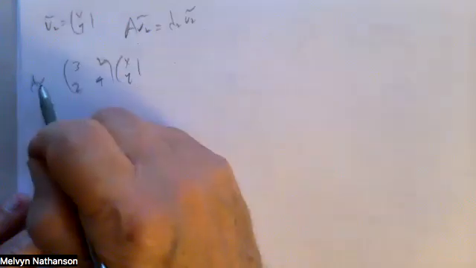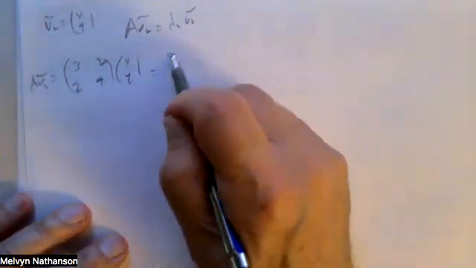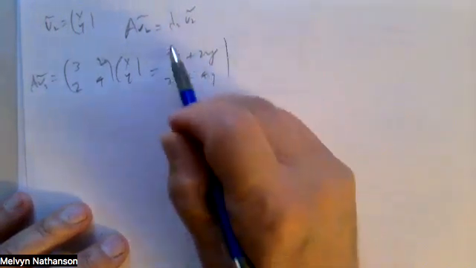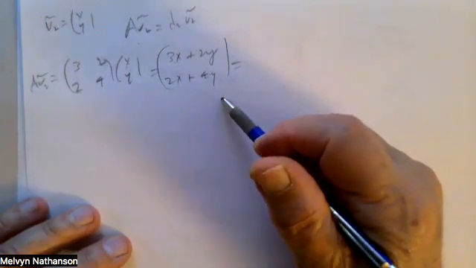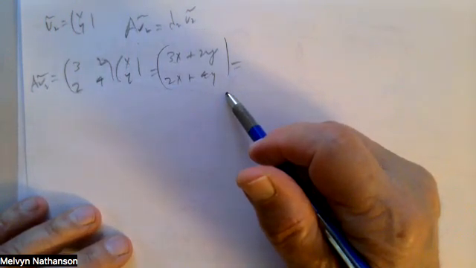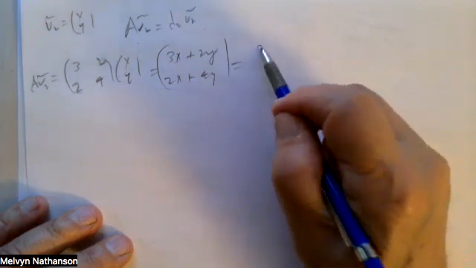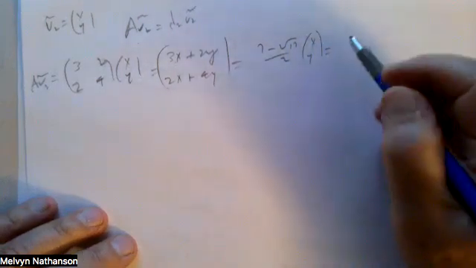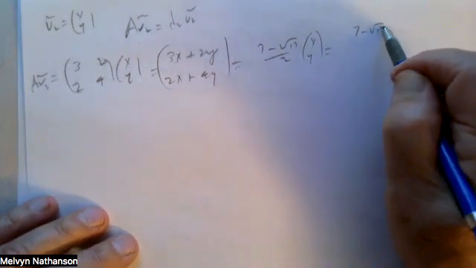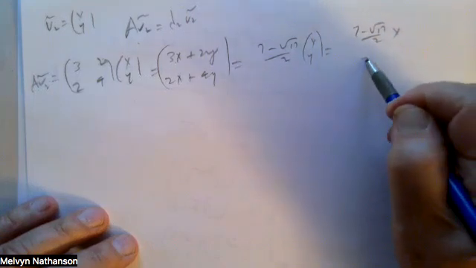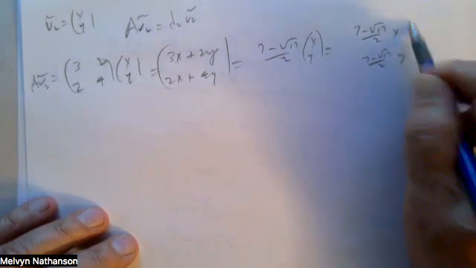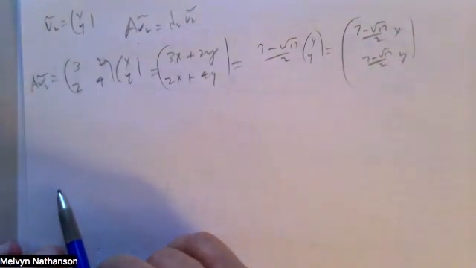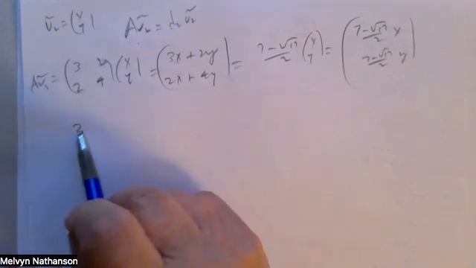That's A v2 tilde, which is (3x plus 2y, 2x plus 4y), equal to lambda 2, which is (7 minus root 17) over 2, times the vector (x, y). So this is ((7 minus root 17) over 2 x, (7 minus root 17) over 2 y). It's that vector, so I have to satisfy the system of equations.